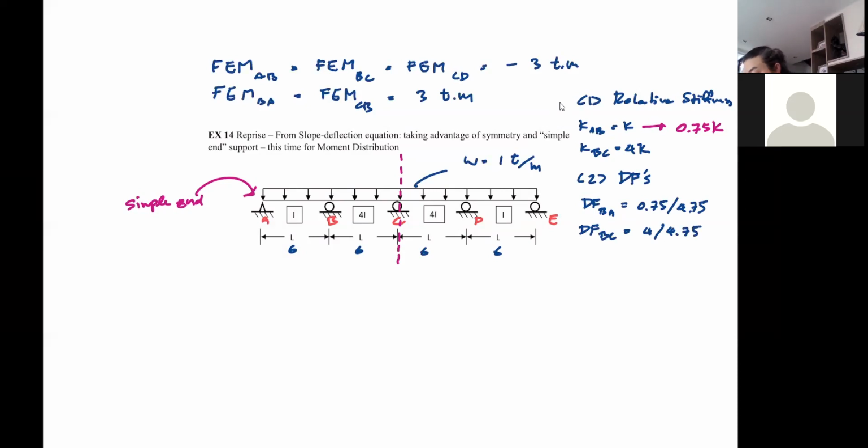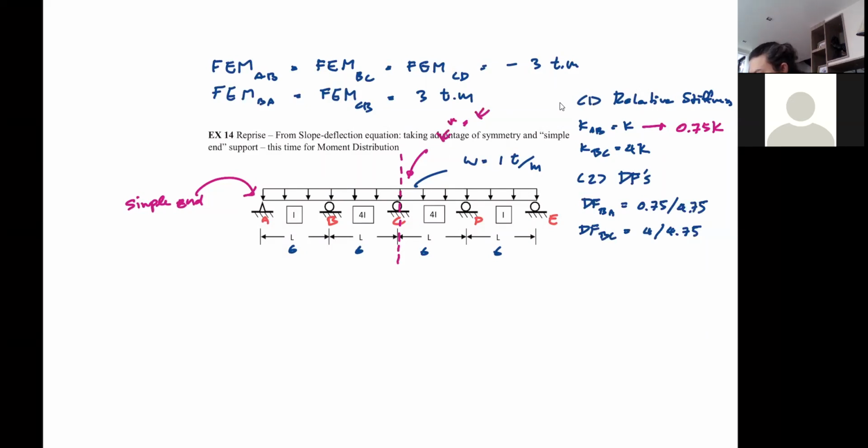Because of the modification here, this is an even number of spans, so now you know K modified is equal to K. Very simple, right?